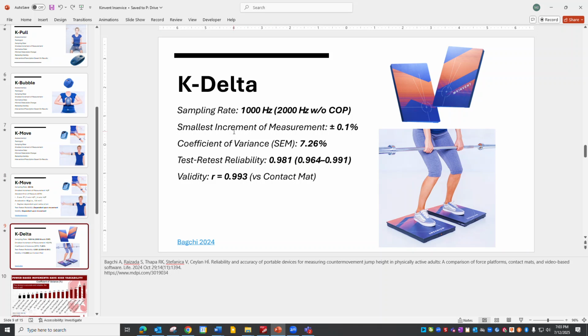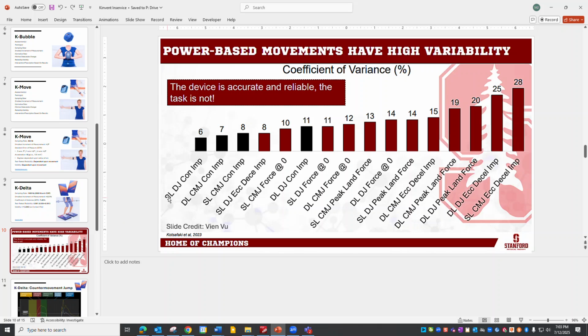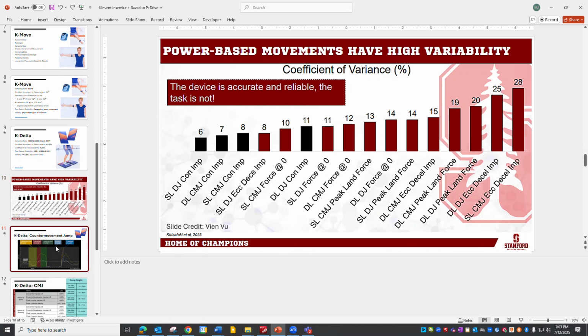I do the same with the K Deltas as far as the sampling rate, how many times it's taking a sample per second, the smallest increment of measurement error, the coefficient of variance that has been described, the test-retest reliability, and so on. I did pirate a couple of the slides from Vald, just conveying the different coefficients of variance based off the test.